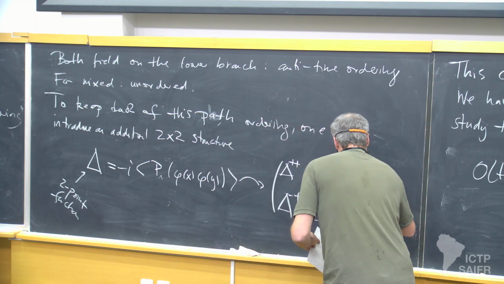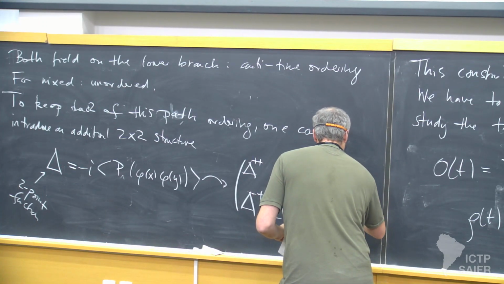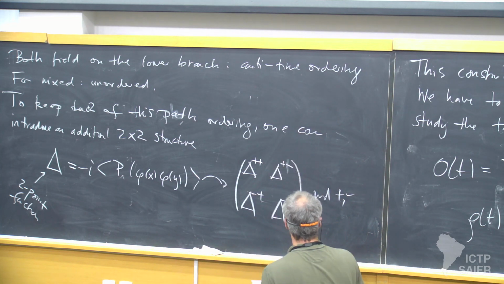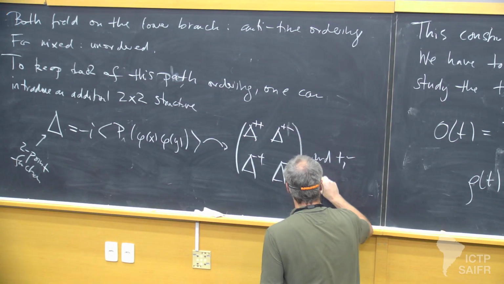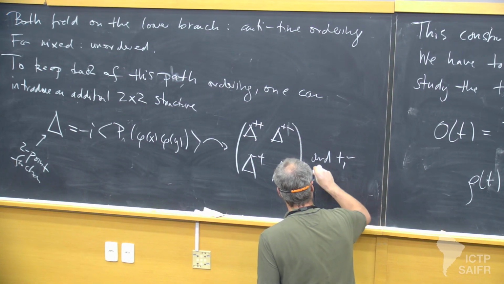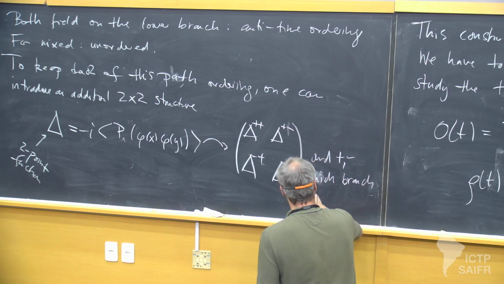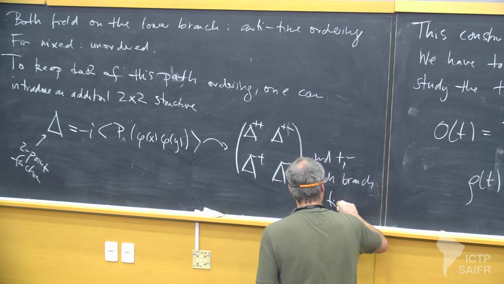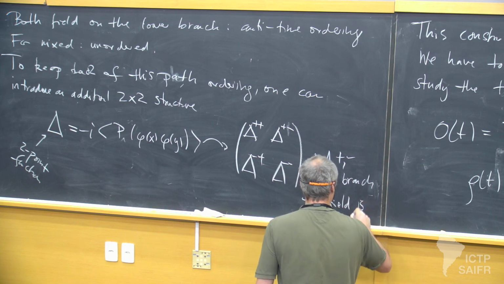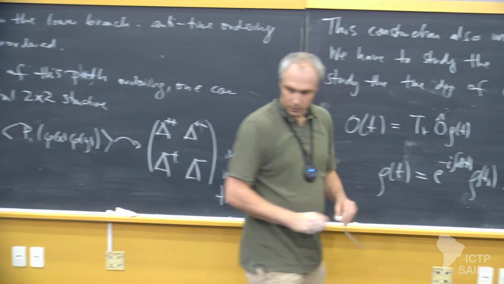And plus minus denote on which branch the field is living. Okay.